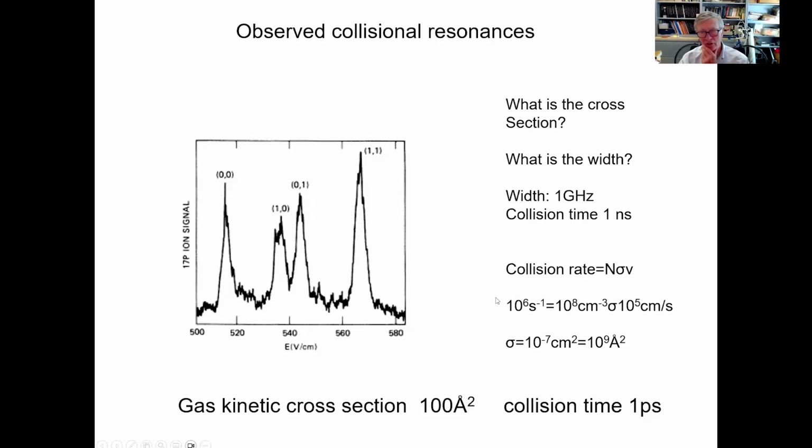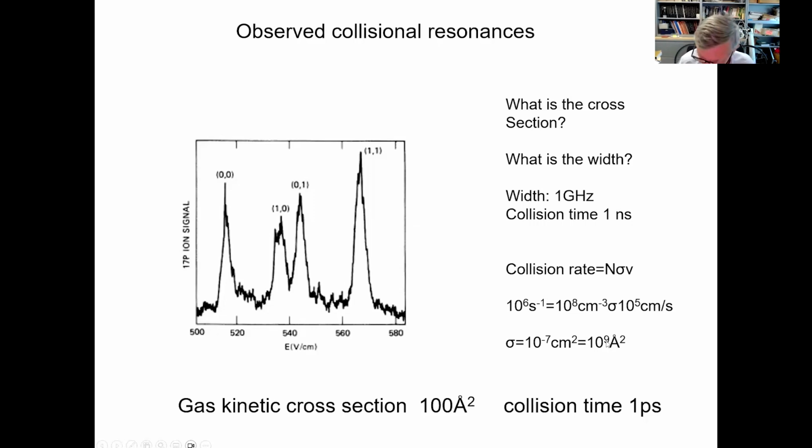To see this signal at all, the collision rate had to be something like 1 per microsecond, which is the product of the number density, cross-section, and velocity. So I know the number density, I know the velocity, and from this I can find the cross-section, which turns out to be 1 billion square angstroms. Okay, that sounds, of course, completely absurd, but it's actually right.